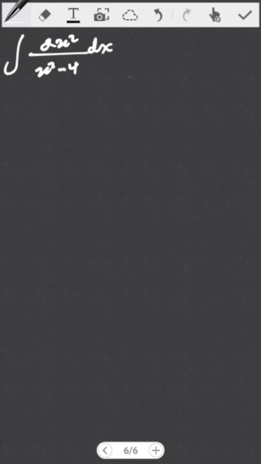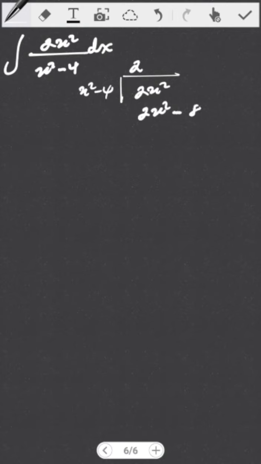I have 2x squared divided by x squared minus 4. x squared divided by x squared gives 2. Then 2 times that gives 2x squared minus 8. If I subtract, I get 0, and then 0 minus 8, so I remain with 8.